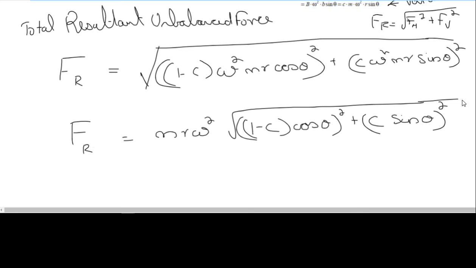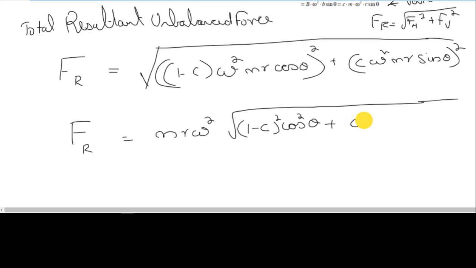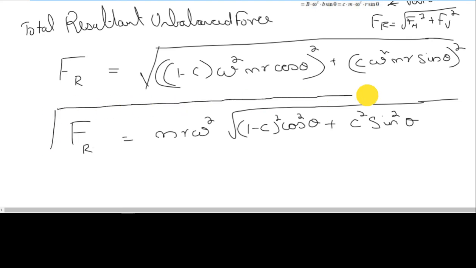And if you want to simplify it further, we can take this as (1 minus c) square cos square theta, and we can take this as c square sin square theta. Sorry, not cos square, sin square. I think earlier I said sin square theta. So this will be the total resultant unbalanced force. In numericals, this is normally asked, to find the total resultant unbalanced force.